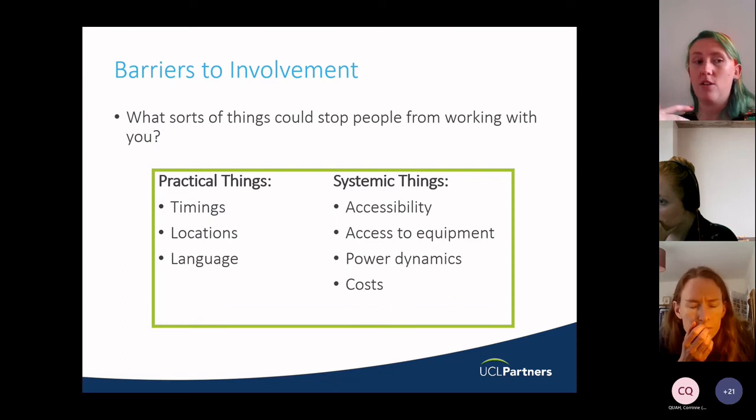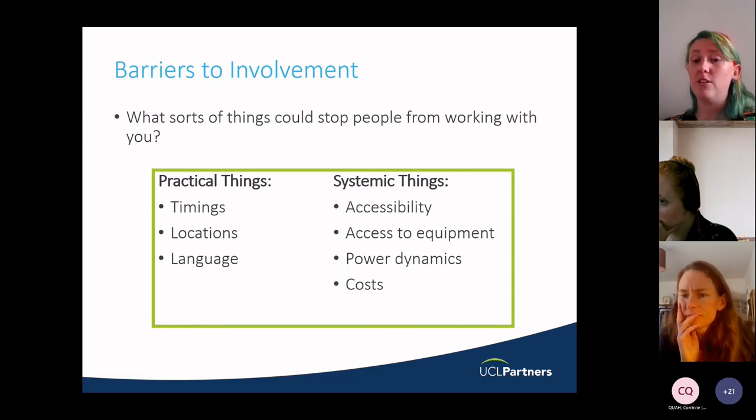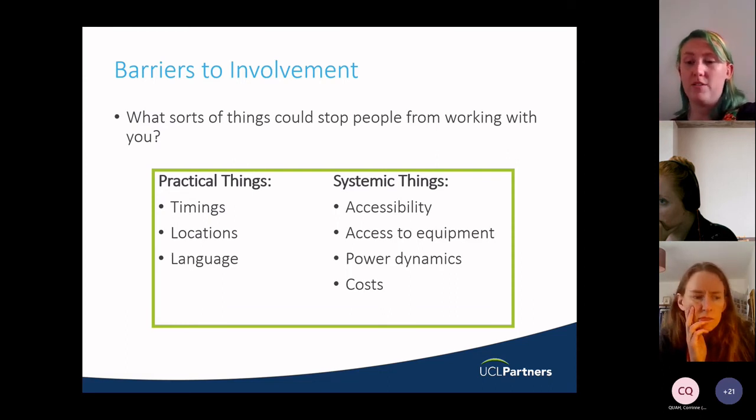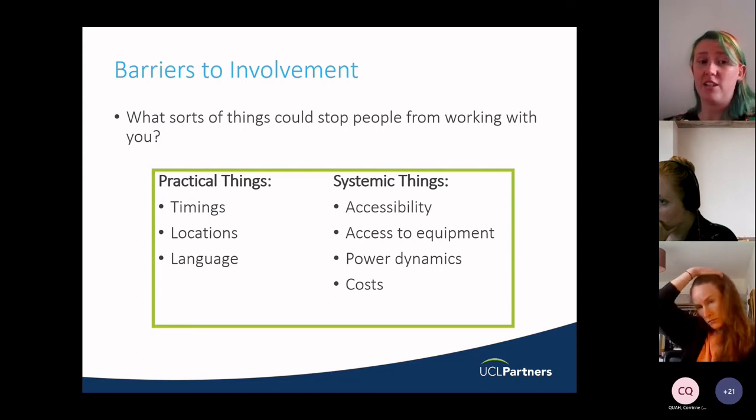If you're doing something online, make sure people have the opportunity to get involved. If they're in a household reliant on mobile data, provide them access to mobile data. Those sorts of things really help make sure that people can actually get involved.